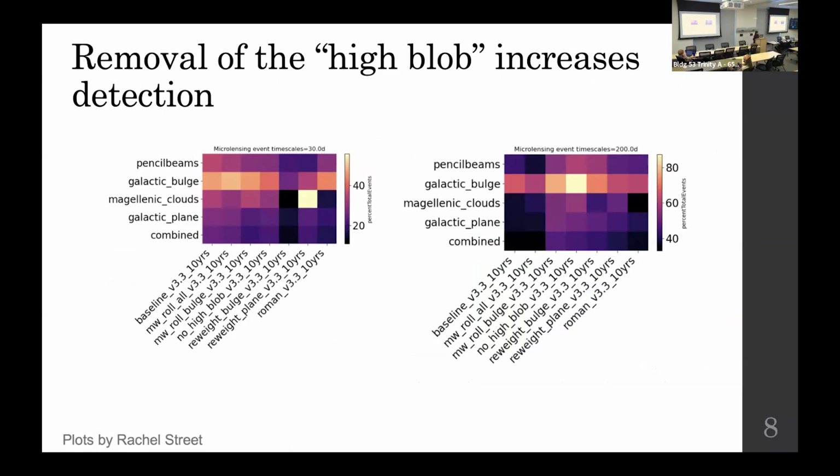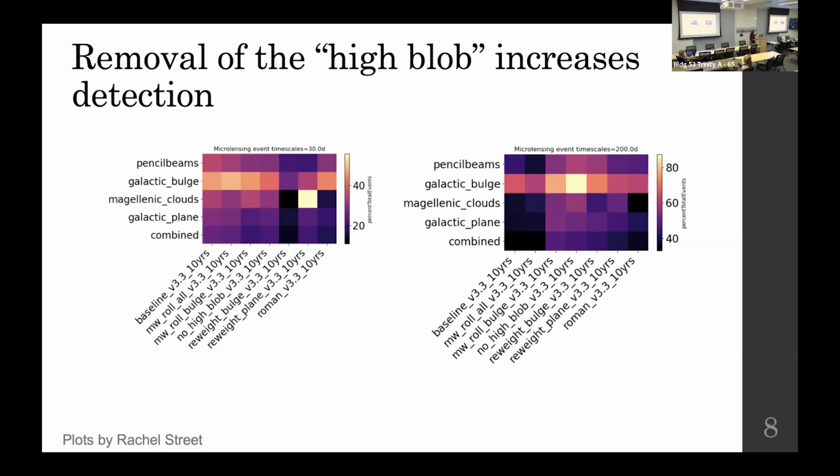First, I'll explain how to interpret these plots since they're super information dense. On the y-axis, we have broken up the sky into pencil beams throughout the plane, the galactic bulge, Magellanic clouds, the rest of the galactic plane, and then combining them all. On the x-axis are various opsims. The color is what fraction of the events were detected.